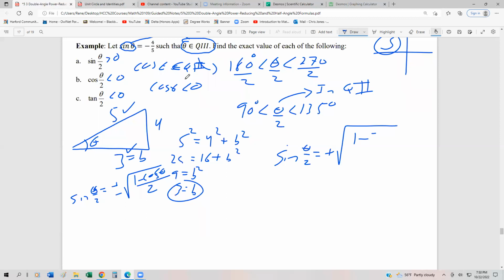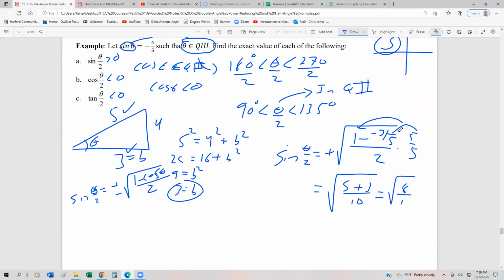And remember, cosine is adjacent over hypotenuse. Sine of theta over 2 is positive, and so this is going to be 1 minus a negative 3/5 divided by 2. If I multiply by 5 over 5, our same tricks, distributing, this becomes the square root of 5 plus 3 divided by 10, which is root 8/10.